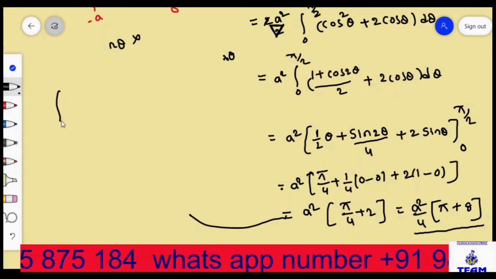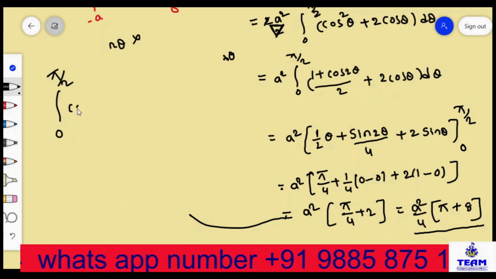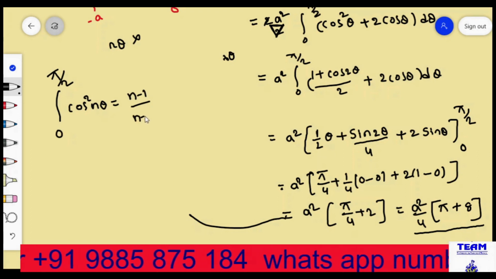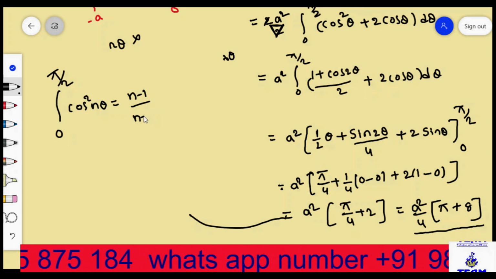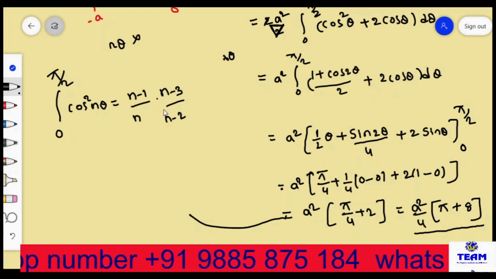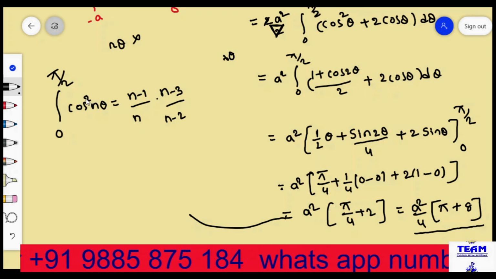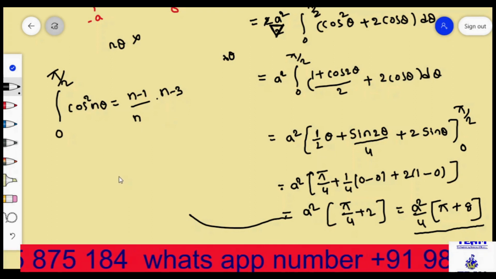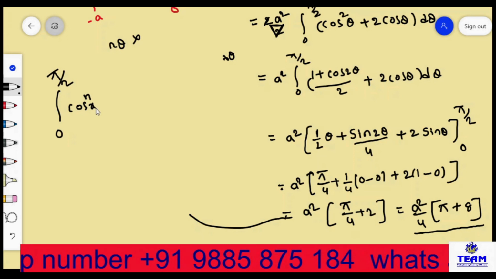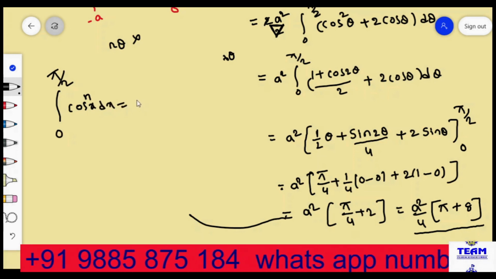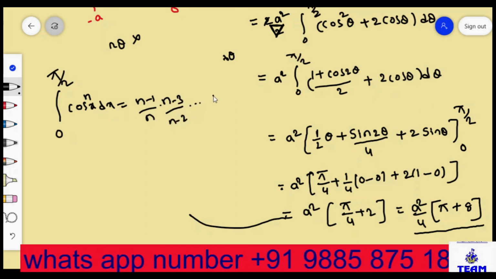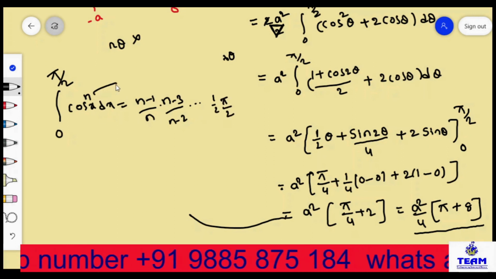Friends, we have a formula: integral from 0 to pi by 2 of cos to the power of n x dx is equal to n minus 1 by n into n minus 3 by n minus 2 and so on, into 1 by 2 into pi by 2, if n is even.